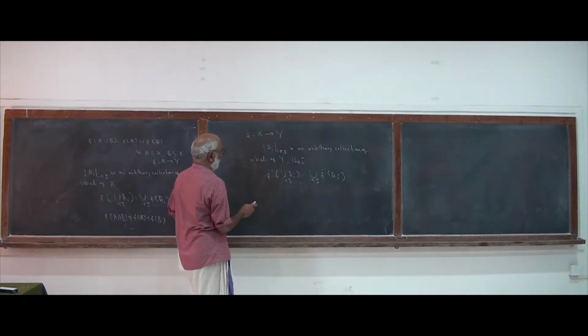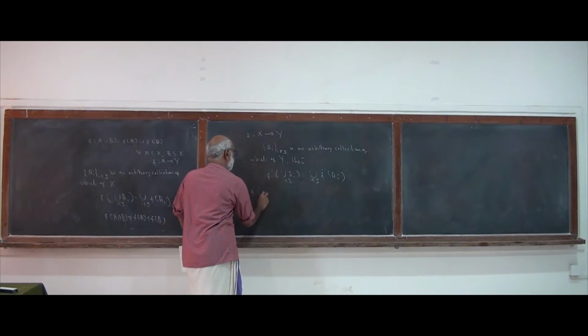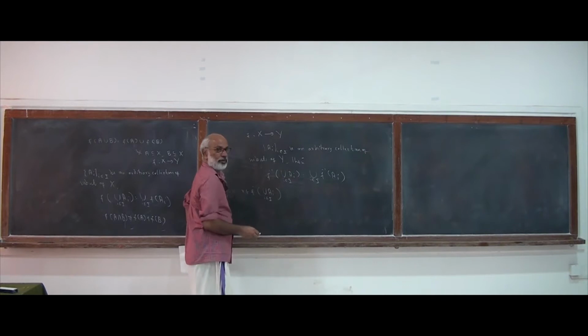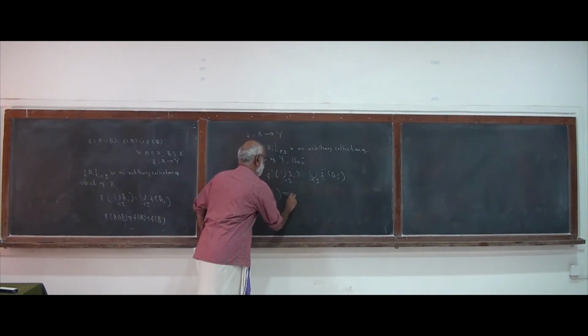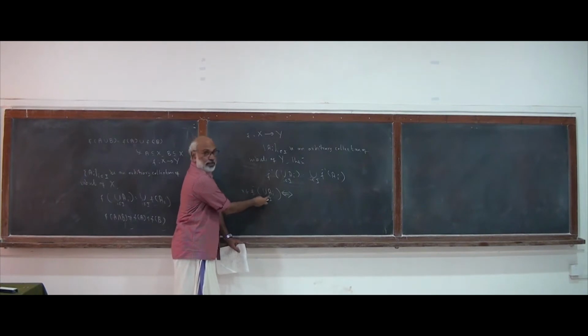This can be proved as follows. Suppose x is an element of X. x belongs to f inverse of union A_i. This happens if and only if x belongs to the preimage of this set, meaning the image of this element belongs to the union.